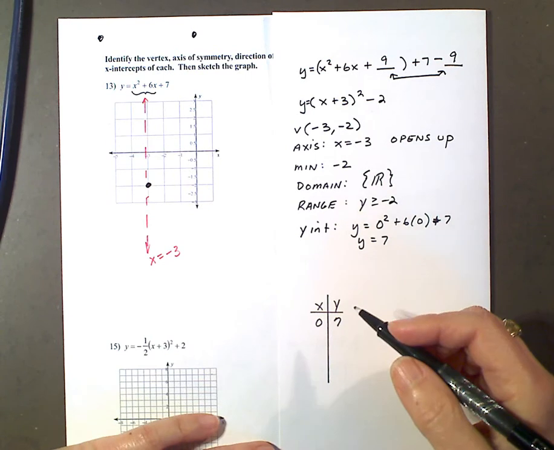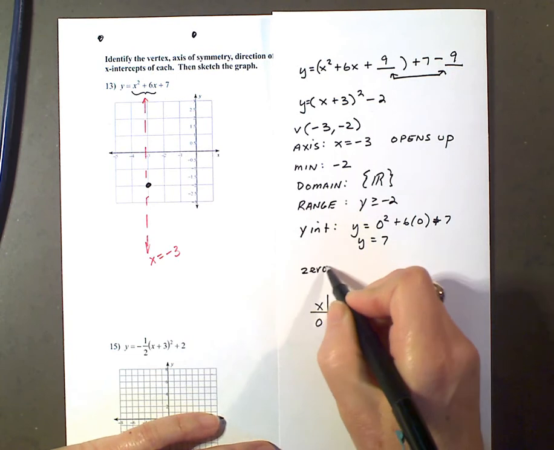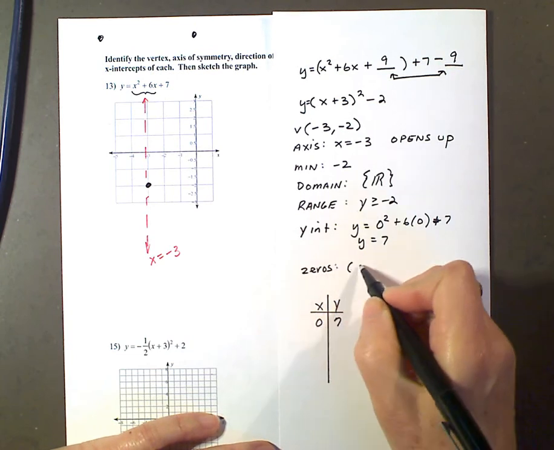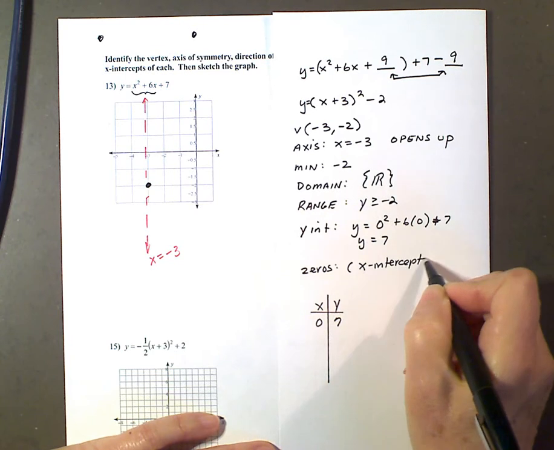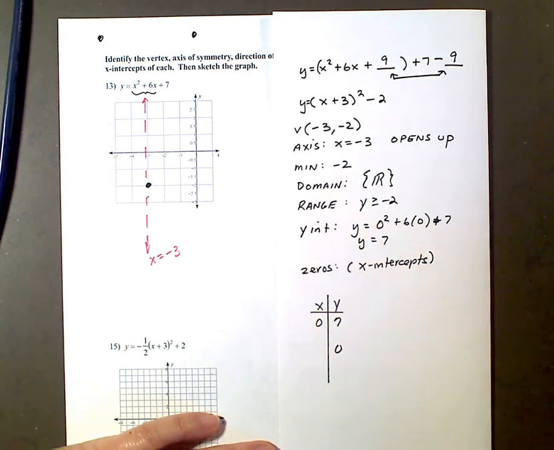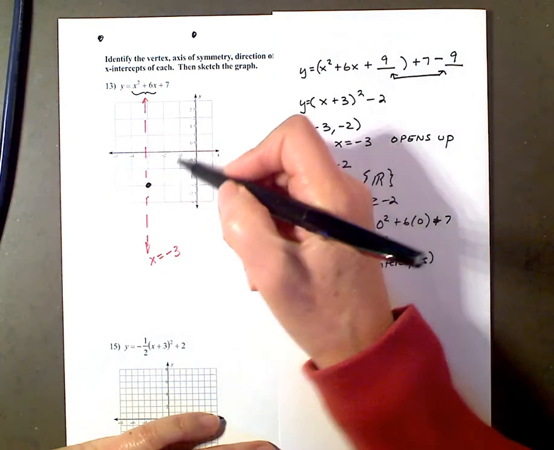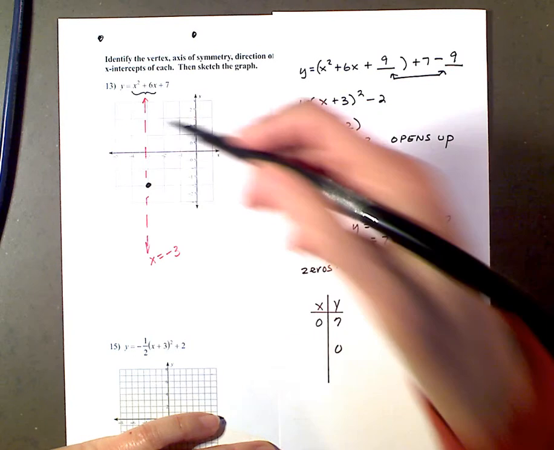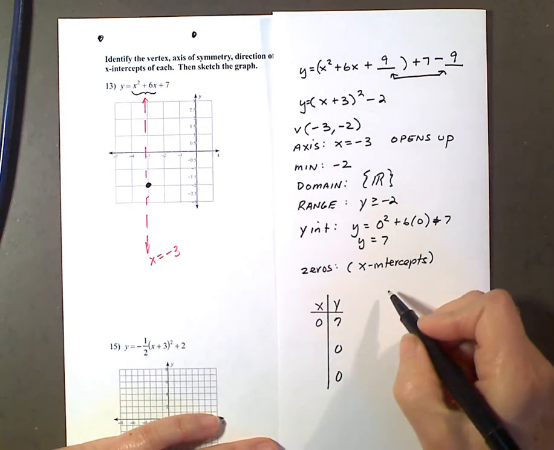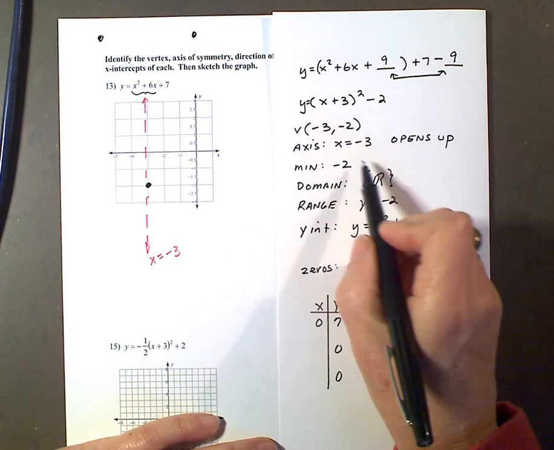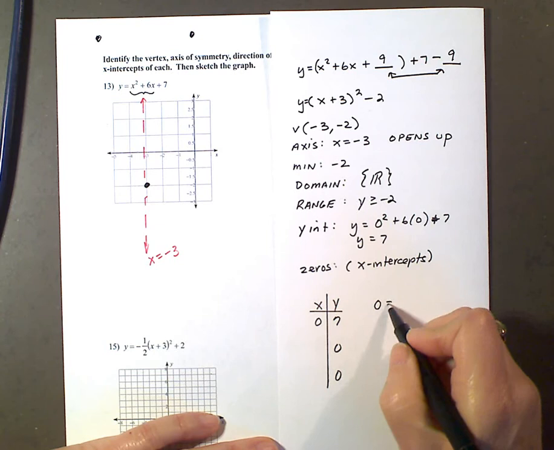The other thing is I want to find the zeros of the function, which is another word for the x-intercepts. And this is, of course, where we set y equal to 0 and solve for x. If I'm below the x-axis and opening up, I'm going to cross it in two places. So there's going to be 2 zeros. What I do is I take the equation in this form and set y equal to 0 and solve for x.